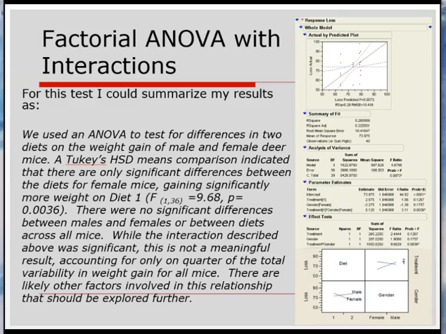But the next step is still, how do you not just interpret all of this, but summarize all of it? When we are into these much more complicated factorial ANOVAs with multiple variables, we have to summarize each of those, right? We can't just talk about one variable. We're going to have shorthand for anything that's significant.